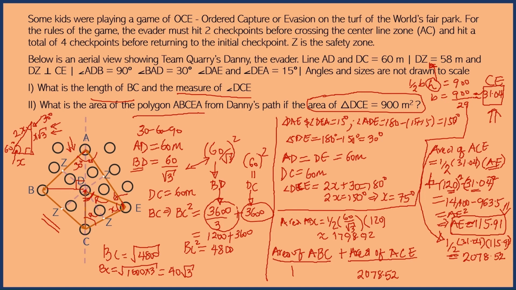Okay, so now let's put all this together. We have the area of ABC is 1798.92, and then add that to the area of ACE, and we have approximately a total area for the polygon drawn by Danny's path to be equal to 3,877.44.